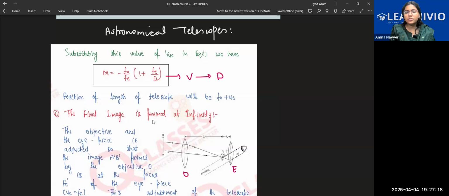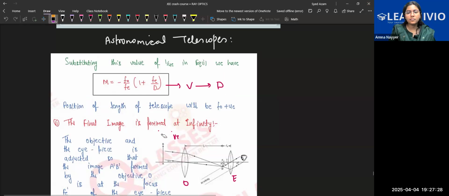Here the objective lens aperture is more.